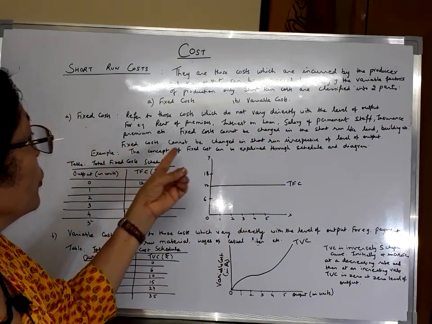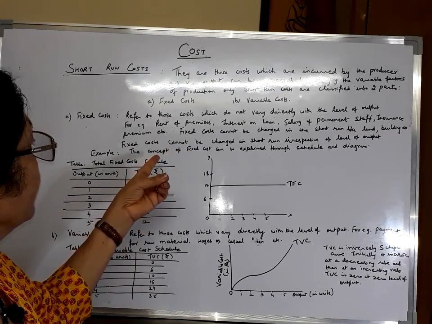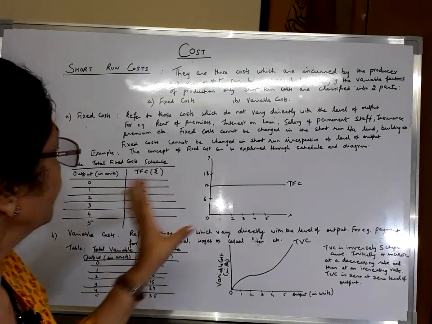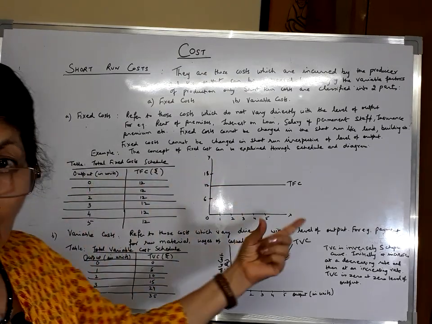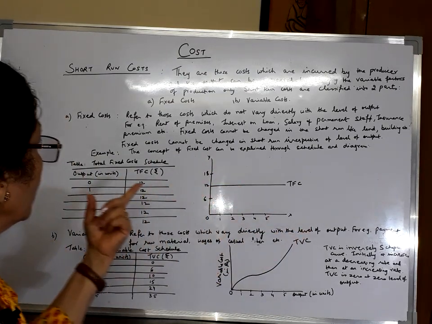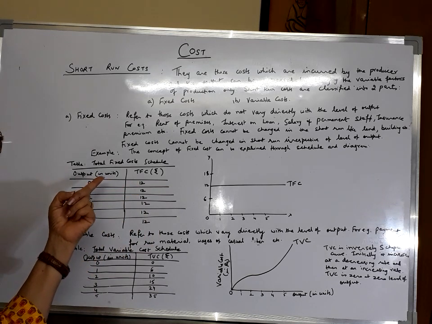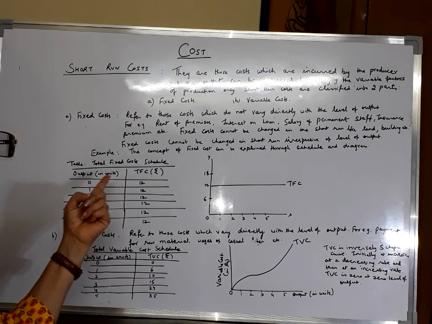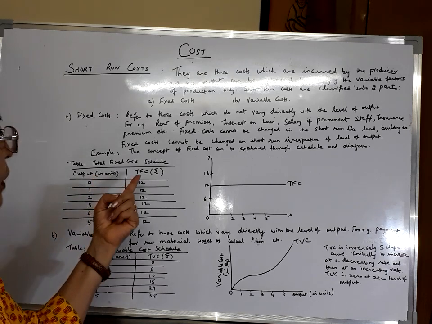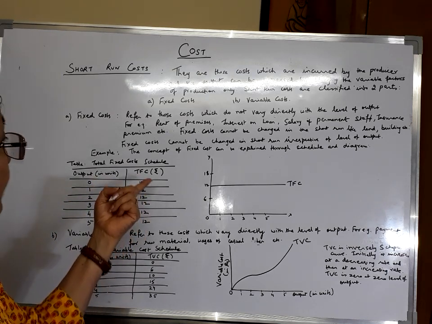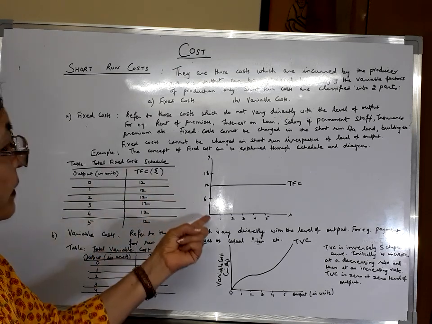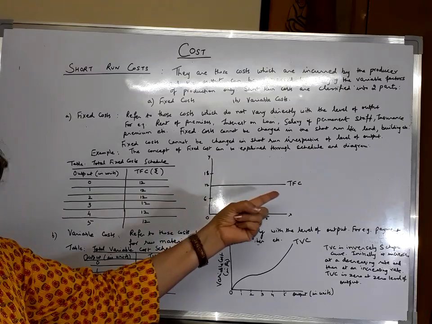The concept of fixed costs can be explained with the help of the schedule and diagram. In the schedule we have taken into account that as output increases, you are hiring more laborers in order to increase output, but the total fixed cost will remain the same. And this is explained with the help of the diagram.